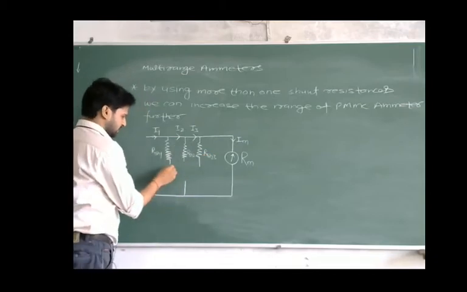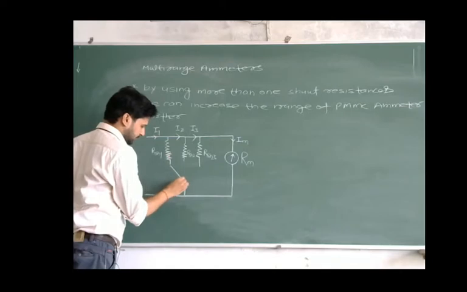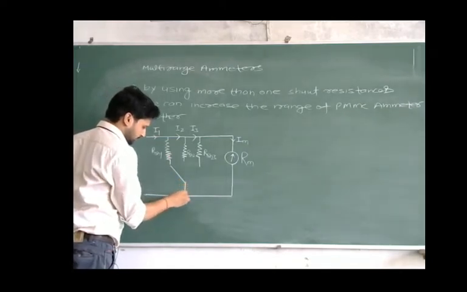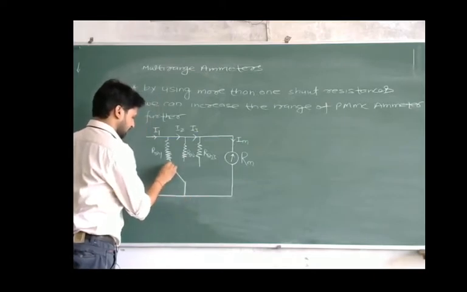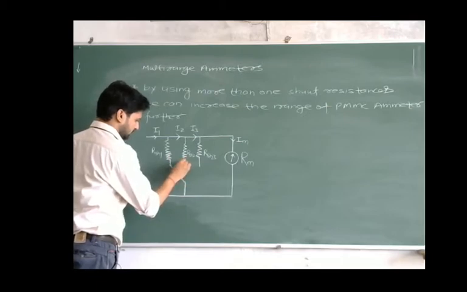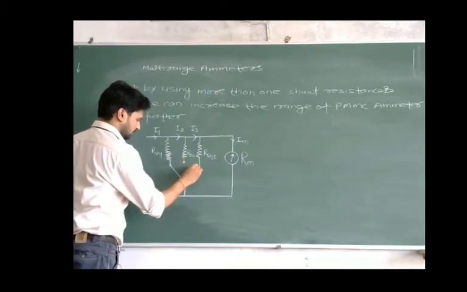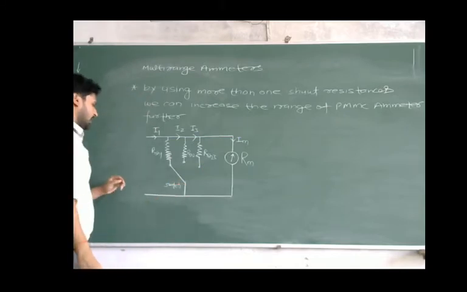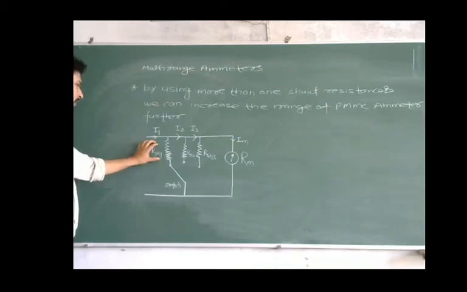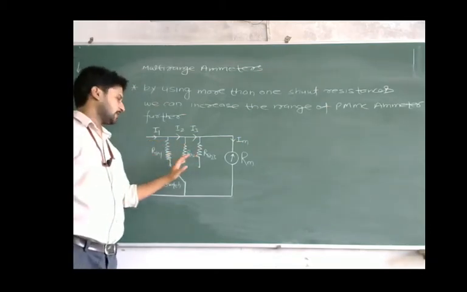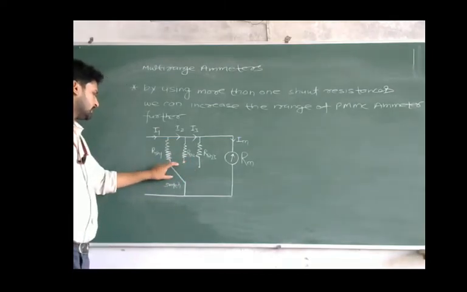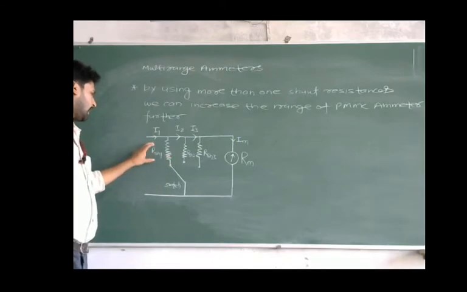Suppose there is a switch and this switch is connected to the shunt resistance RSH1. There are multiple resistances like RSH1, RSH2, RSH3, but the switch at this time is connected to RSH1.